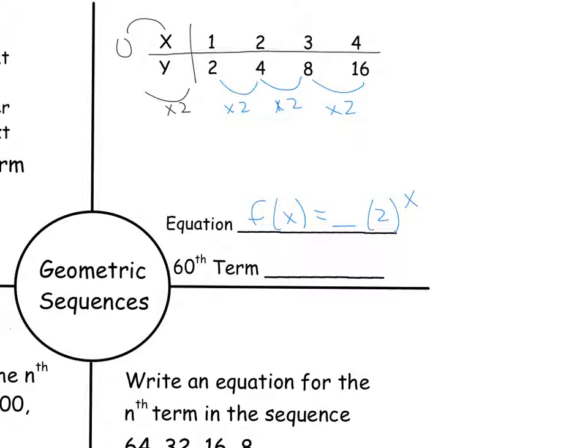Well, if it doesn't jump out at you that that's 1, you could always take 2 and work backwards and divide it by 2 to get that previous number. So here it is 1, so I would put f of x equals 1 times 2 to the power of x. Then to figure out the 60th term, I would plug in 60 for x, and we get actually a very large number, so I'm going to write that in scientific notation. We get 1.2 times 10 to the 18th power.